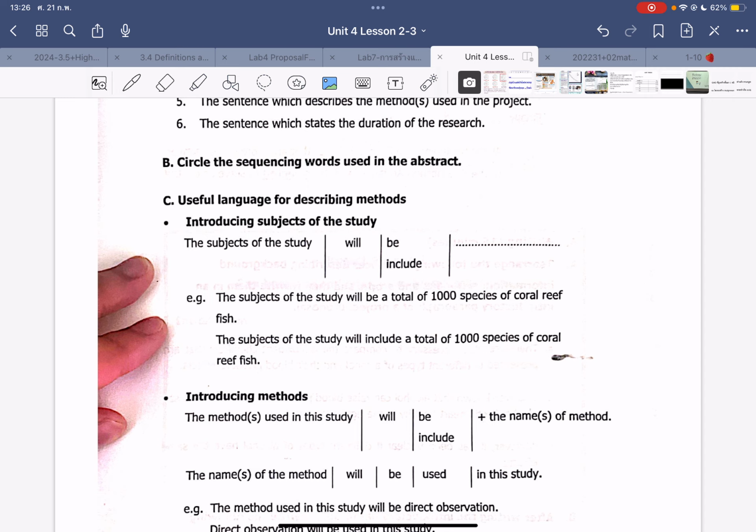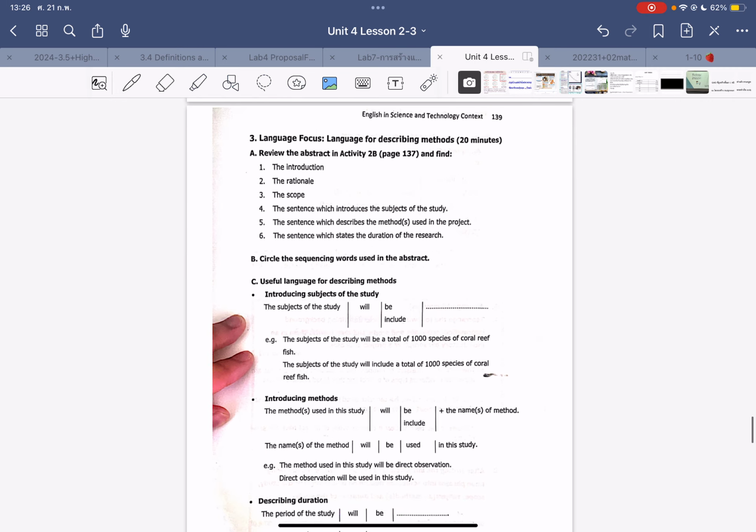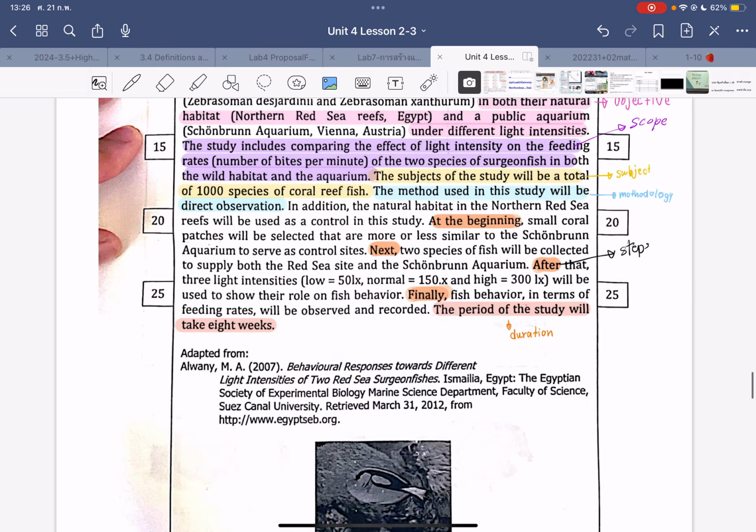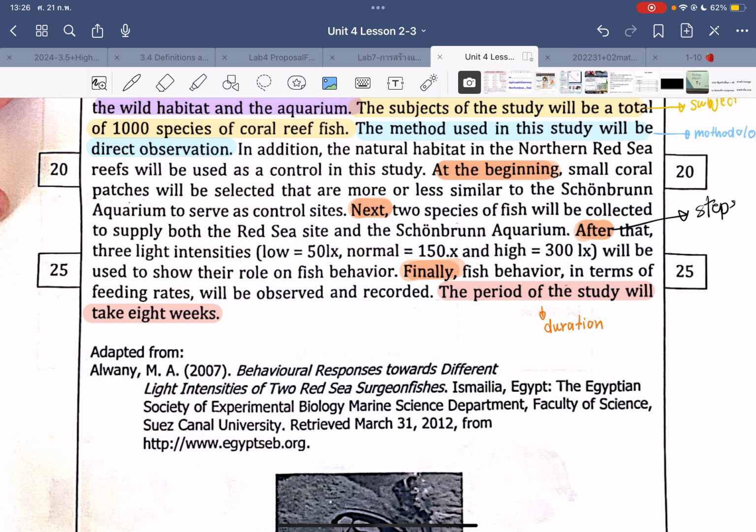So when you are using the sequencing words, we have to pick up steps. If you use first, second, third, you go in that order: first, second, third, fourth. But you cannot mix firstly, secondly, and next, thereafter. That is not allowed. So choose one pattern. If you are going to use first, second, then go for third, fourth, fifth, sixth, and then finally.